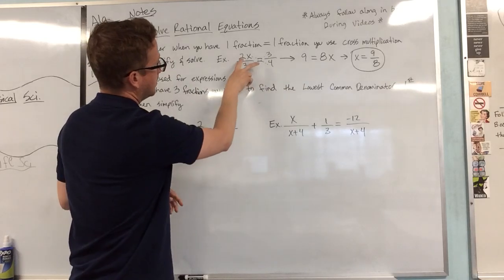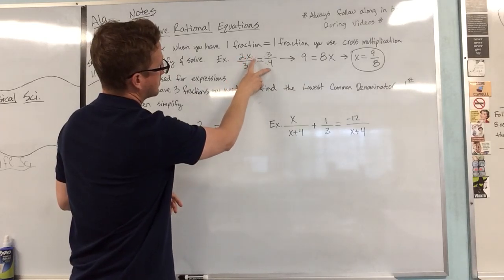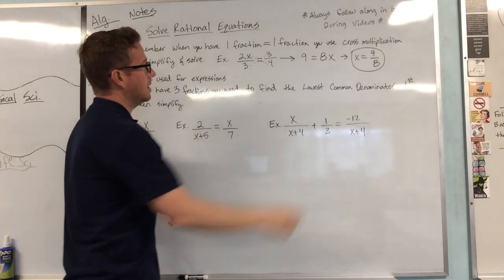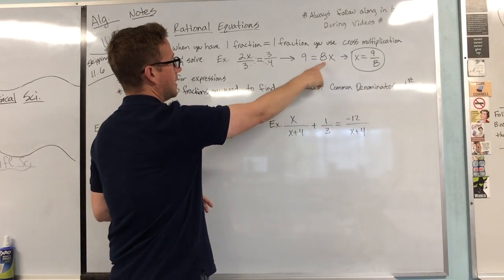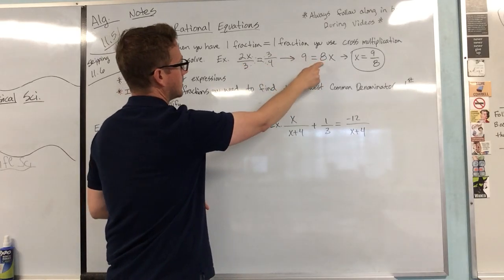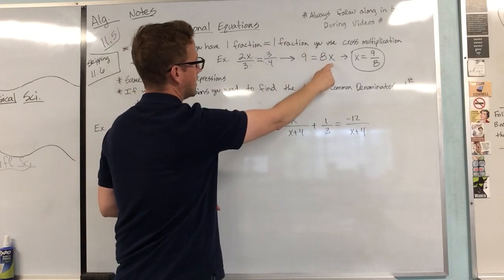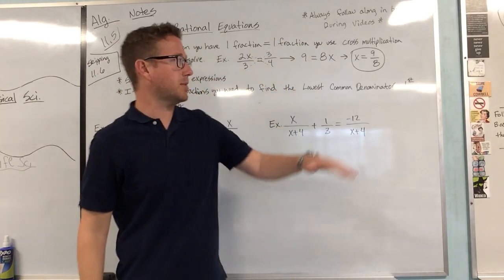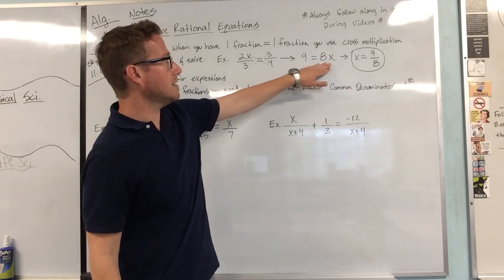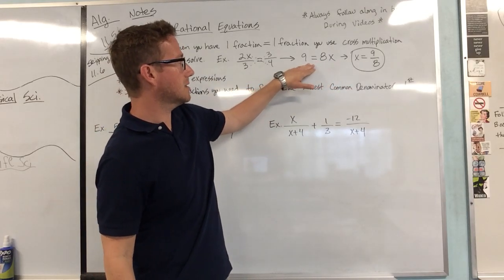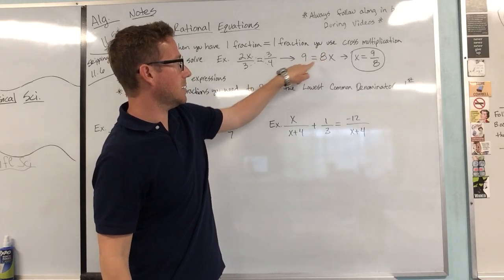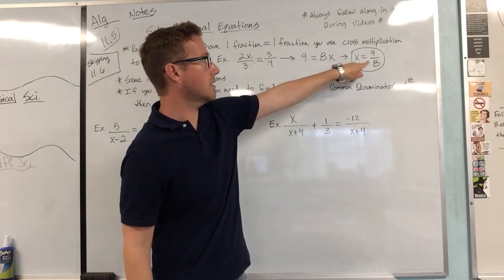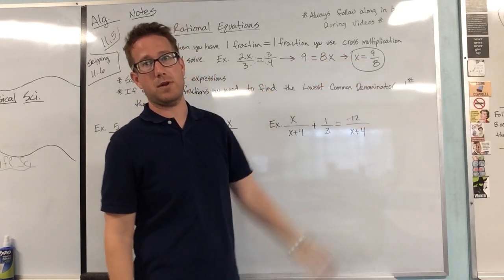Then on this side right here, we're looking at a 2x connecting to a 4. That's going to give us 8x. 4 times 2 gives us the 8. The x connects right there with it. And what's the final piece to solving this little puzzle is dividing 8 on both sides. That would cross out that 8, and then you'd be left with 9/8 right over there, okay?